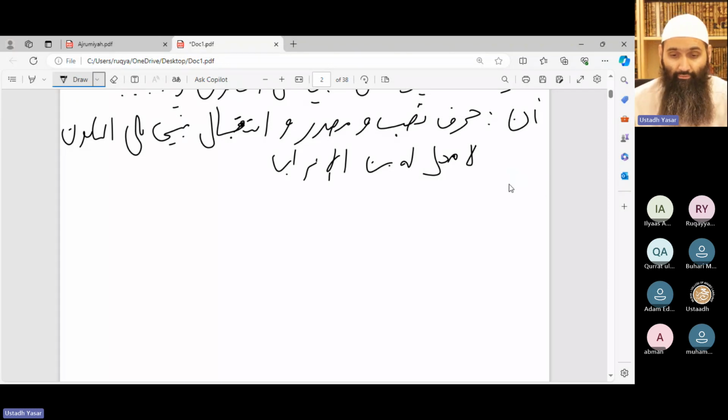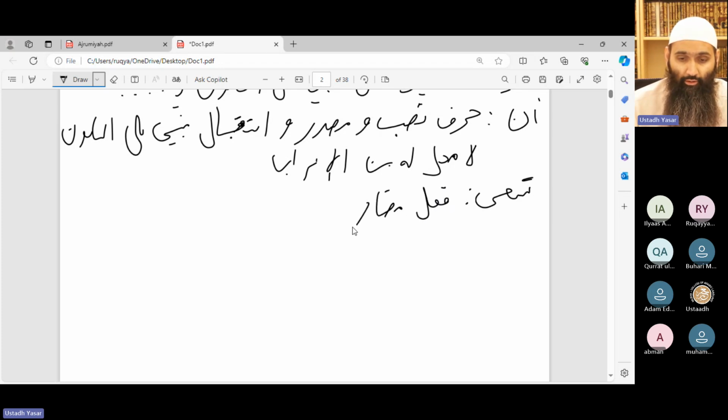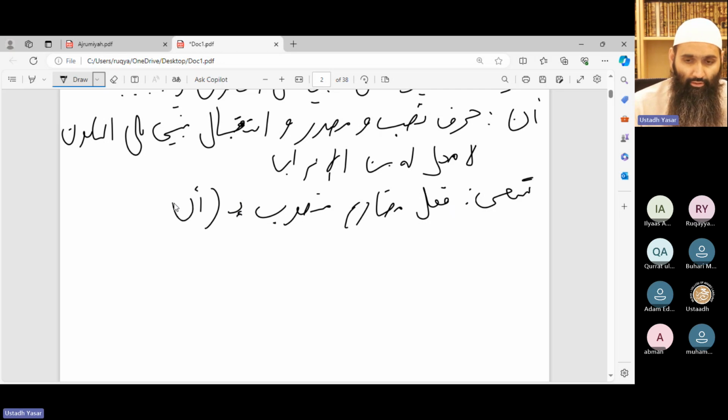Now we have tas'a. Of course, tas'a, we've seen in the book the brief i'rab of it. Obviously, the first thing is it is fi'lun mudari'un, and this time, of course, is mansubun. Mansubun bi an. Mansub with an.